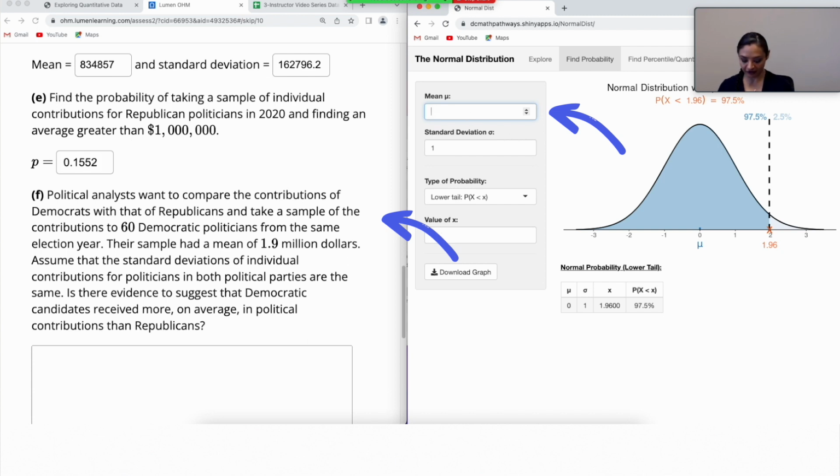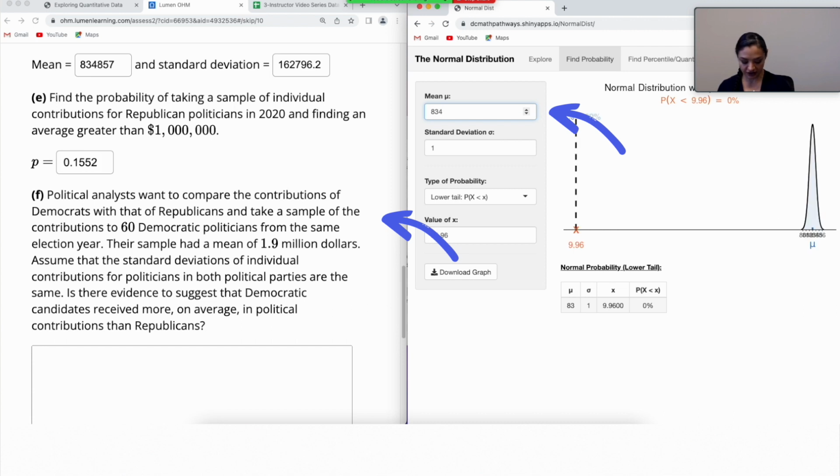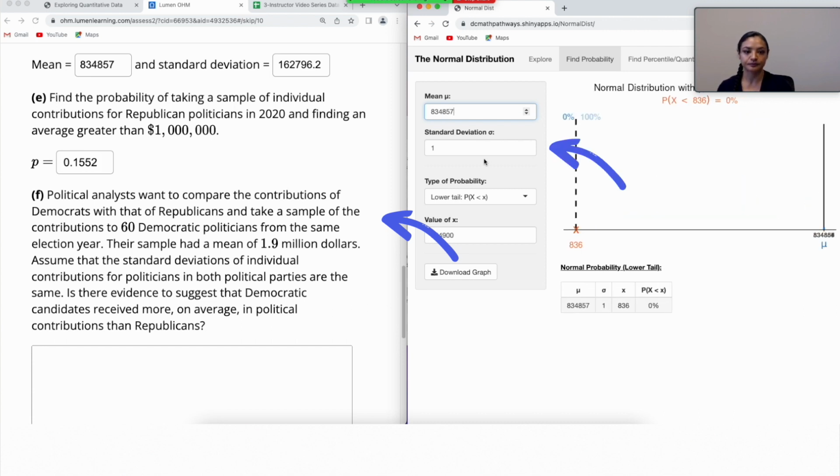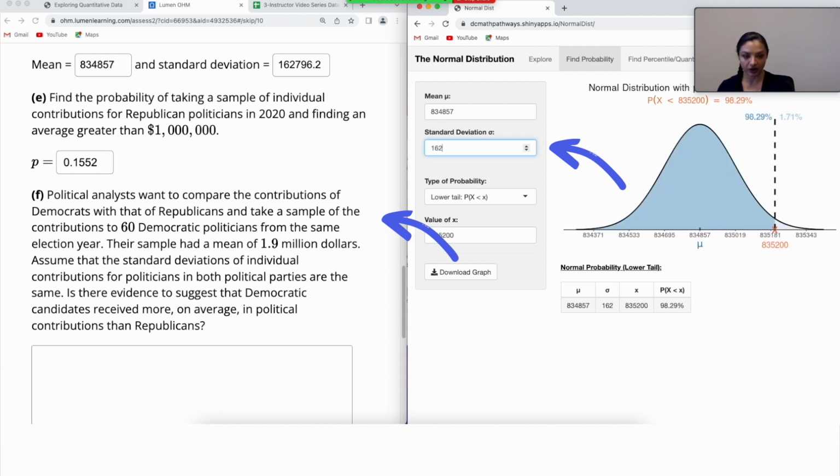For Republicans, we had that the mean was 834,857. We're assuming the standard deviation, after we calculated it from our samples before, was 162,796.2.